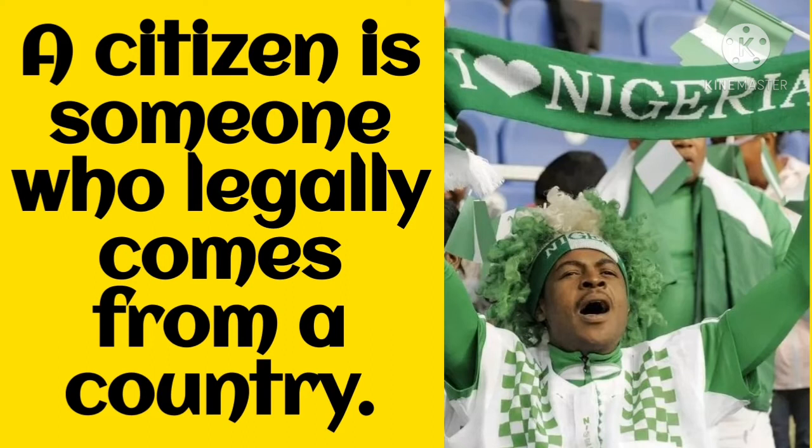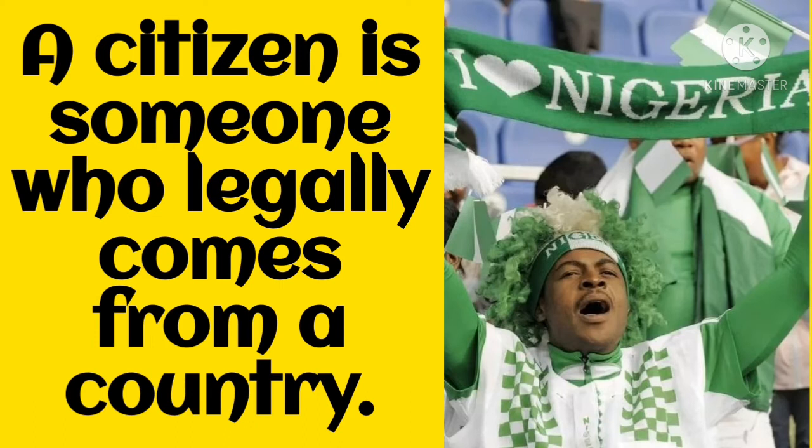The next is citizenship and naturalization. But first, who is a citizen? A citizen is someone who legally comes from a country. So if you were born to Nigerian parents, you are a citizen. Or if a woman from a foreign country is married to a Nigerian man, automatically she becomes a citizen by marriage, that is through naturalization.